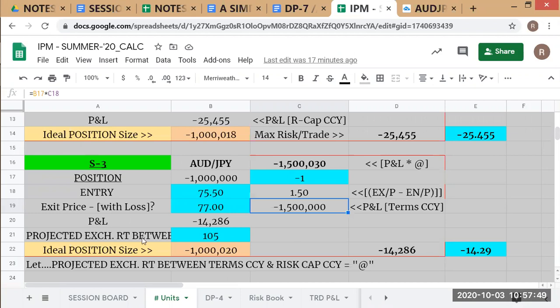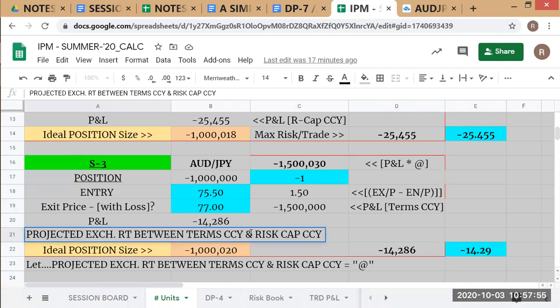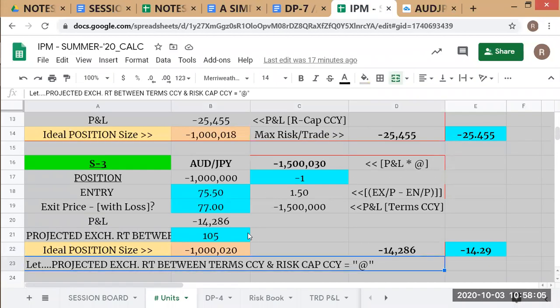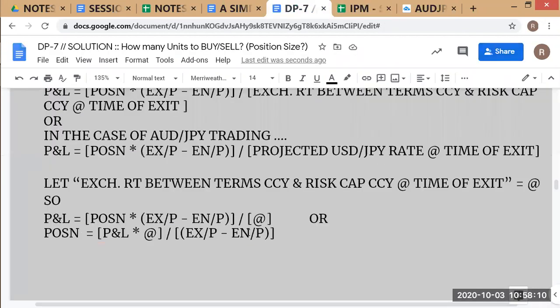So the projected exchange rate here, you can see, is the projected exchange rate between terms currency and risk capital currency at time of exit. We should write that also. Both of these cases are referring to the time of exit. I should not write @ now because I have used it for a different purpose; now I should write it in English: at time of exit. That's what it is.